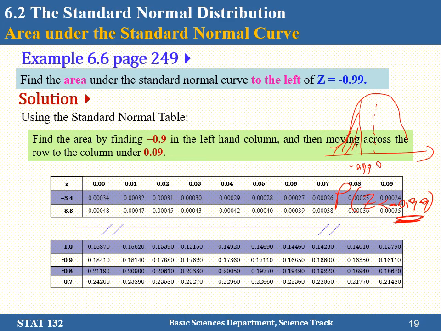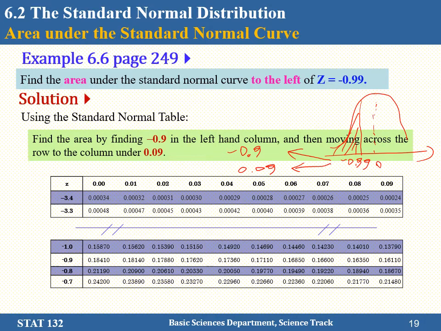One thing is important here: when using the table, we break negative 0.99 into two components, the first one negative 0.9 and the second one 0.09.